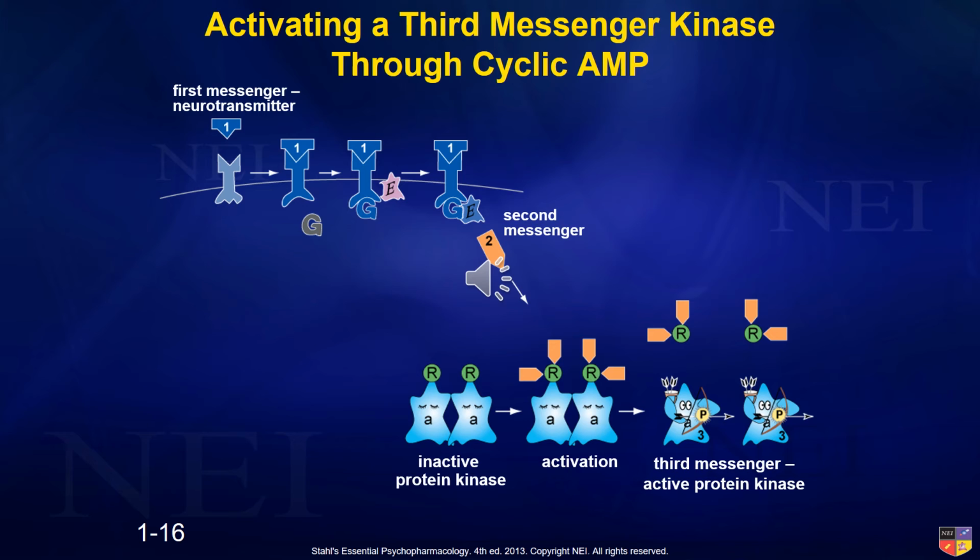Now over here at the top, you see what we have just looked at in the previous slides. The first messenger neurotransmitter bound to the 7 membrane receptor, and then the G protein linked up to it, and that bound then to an enzyme.